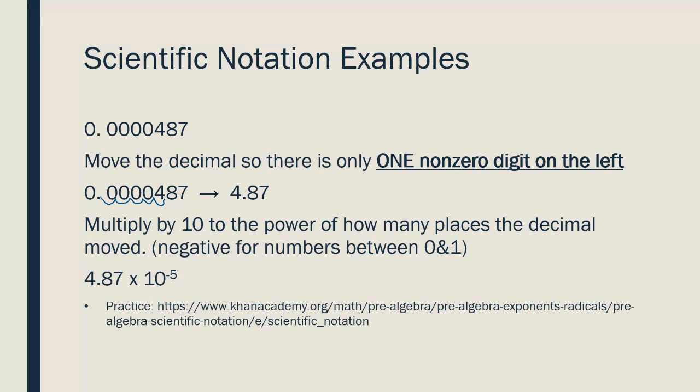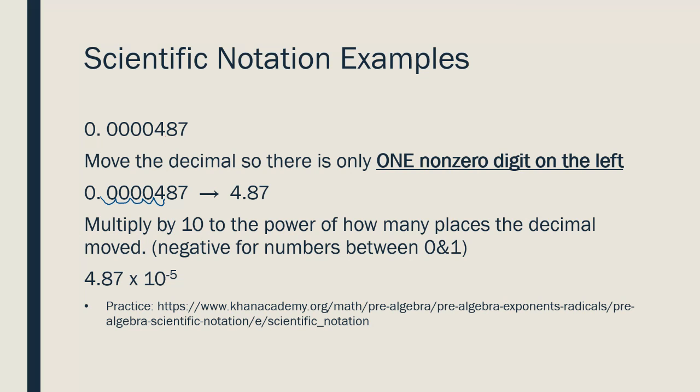All right. If we're going to do this the other way, we have a number here between 0 and 1, a very small number, a very minuscule bit. Same thing. You're going to move the decimal so there's only one non-zero digit to the left. So now the decimal's here. We have to move it to the point where there's one non-zero digit to the left.